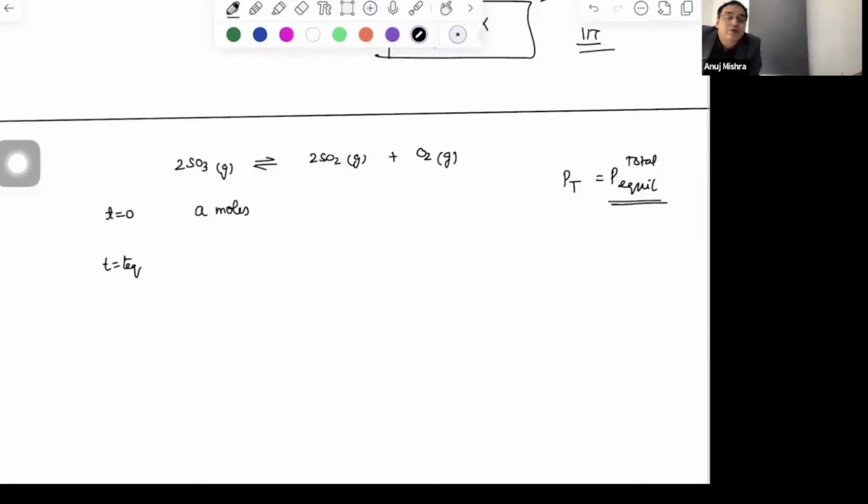So can you all realize when you write the mole fraction, A will get cancelled?